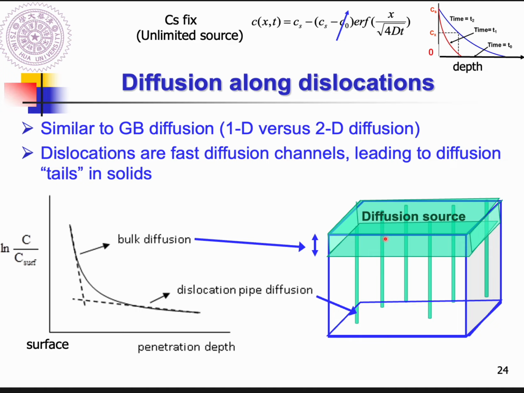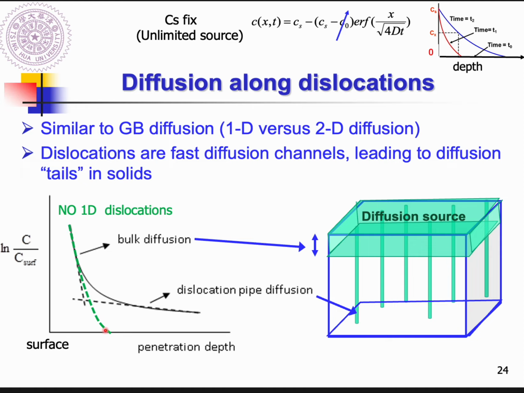As you expected, if we do not have these one-dimensional dislocations perpendicular to the substrate surface, the curve should be like this, right? The concentration should be like this.